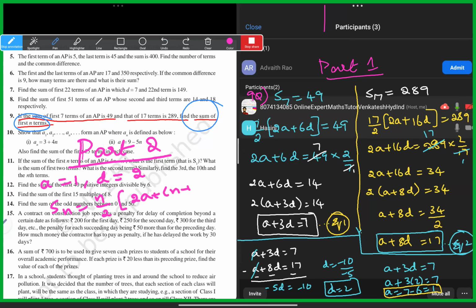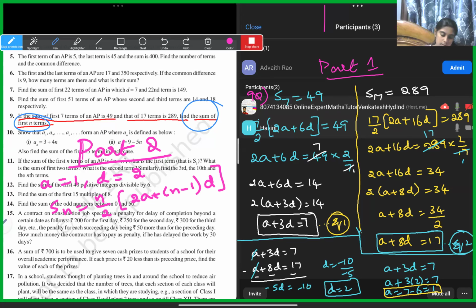Here we cannot use the second formula because an is not given, and n is also not given. Then how to find the sum of n terms? Here we will get the answer in terms of n only, because there is no information to find n.